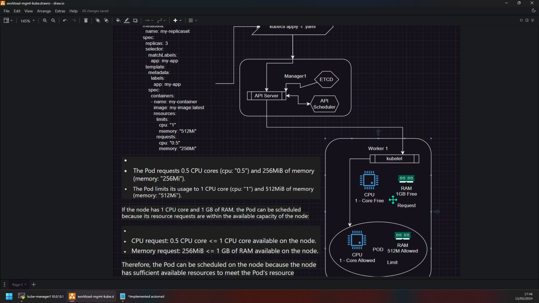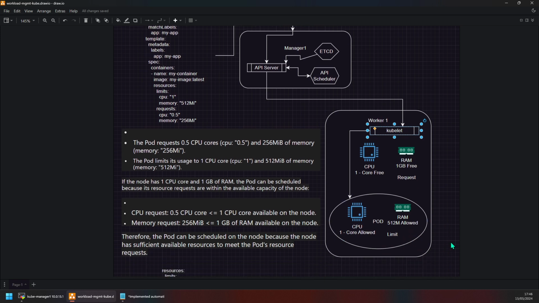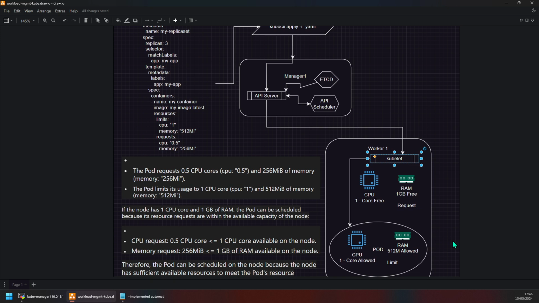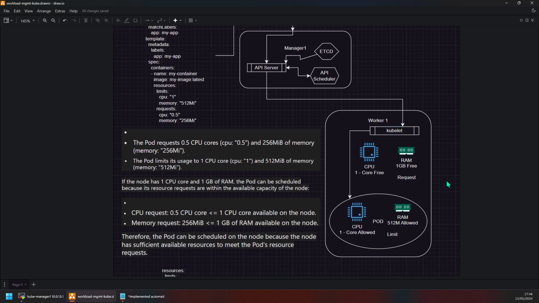So that is where the kubelet stands out, working on par with your scheduler and keeping the API server in the loop about the resources consumed, either by request or limit, and making sure that this process goes through in an orderly manner.